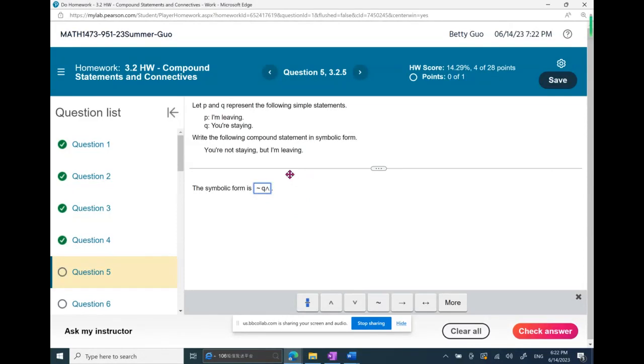The other component, right after but, is I'm leaving, which is P. So that's how we express the compound statement symbolically: not Q and P. So far, so good? So far we have covered negation and conjunction. Negation is pretty straightforward. Conjunction simply means and, or sometimes we use but. But also means a conjunction.